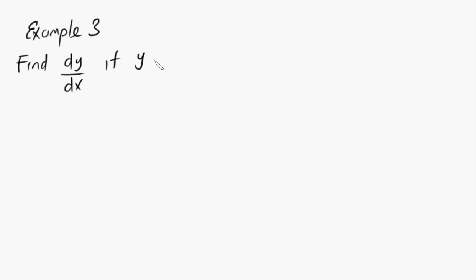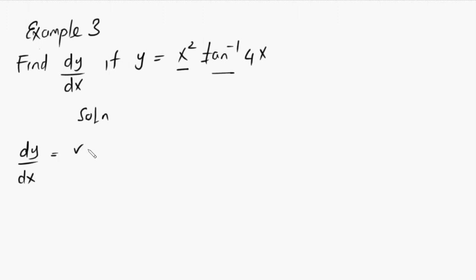If y is equal to x squared tan inverse 4x. So look, I have this one and then I have this one. So I can use the product rule, okay? Product rule nasemaje? dy dx is just going to be equal to v du dx plus u dv dx. Hii ni for y equals uv.